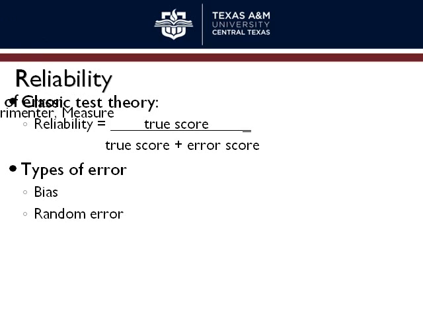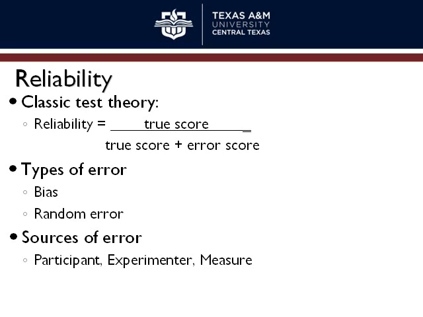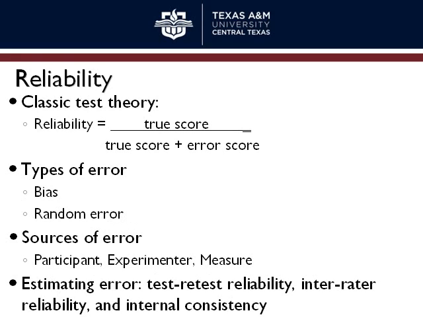So where does this error come from? 3 typical candidates: either from the participant, they bring an error themselves, from the experimenter in terms of what you do or the way you're designing and collecting the data, and then the measure or instrument itself. We'll talk about these 3 in a minute, but before we do, I just want to touch on one other thing here, and that's that fortunately, even when we can't eliminate error, what we can do is estimate how much error is in our measurement, right?